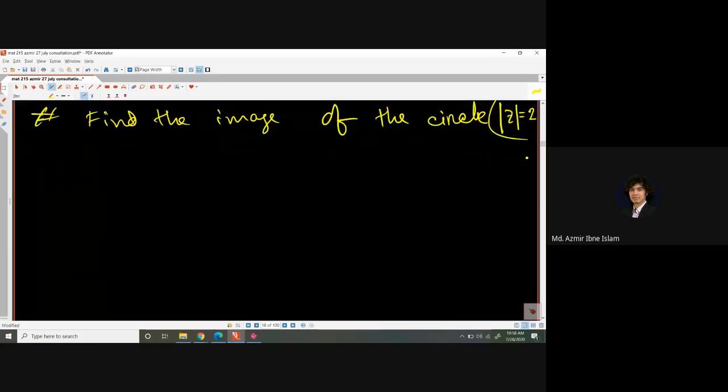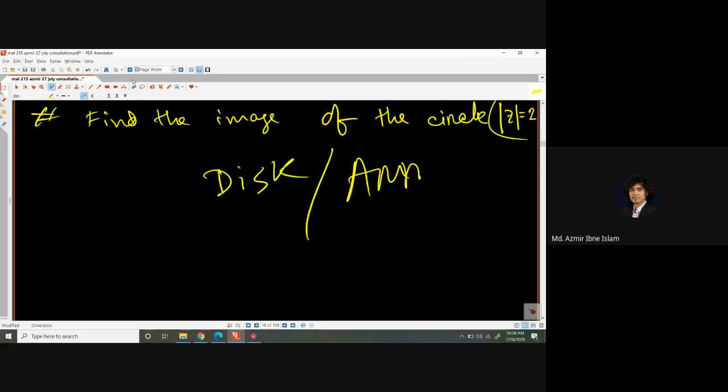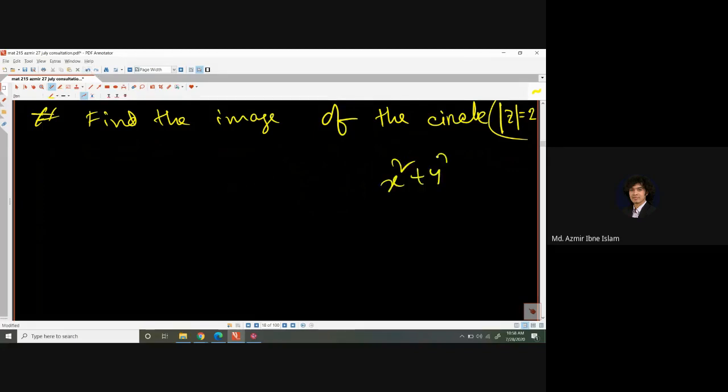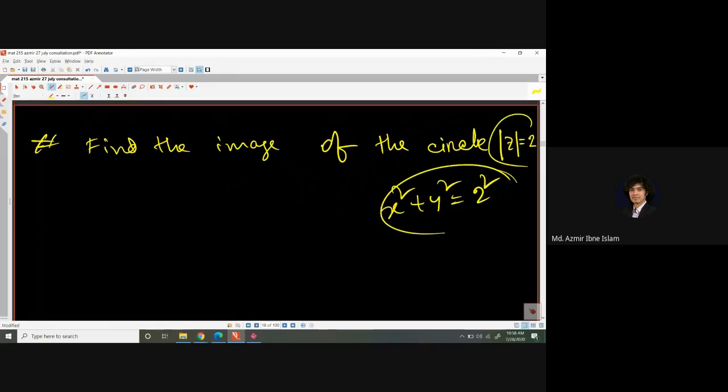From week 1 contents, you know that if we have modulus of z equal to a, this is from the concept of disk, annulus, or describing region. So instead of using the form x squared plus y squared equal to 2 squared, in this question I have just written it this way, that the circle is modulus of z equal to 2.